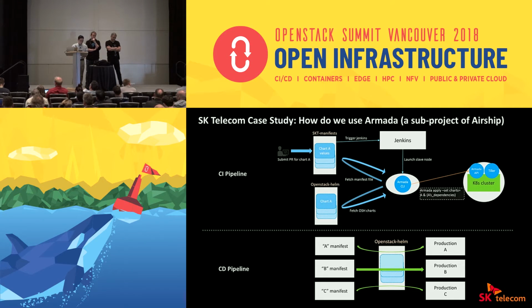For instance, when developers change a value in Nova and push a PR, Jenkins triggers a job to launch a Jenkins slave, and the slave patches the change into the Armada manifest file and OpenStack chart, and then remotely calls the Armada API server in the Kubernetes cluster to start deploying and testing what has been changed.